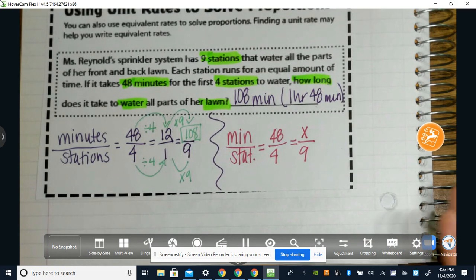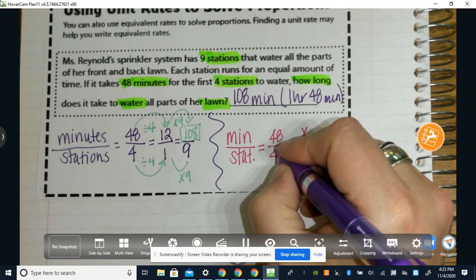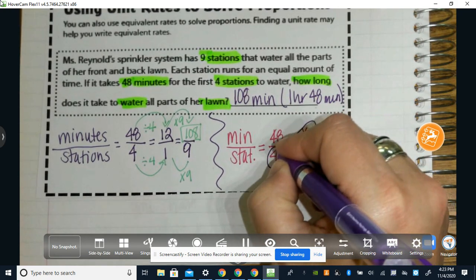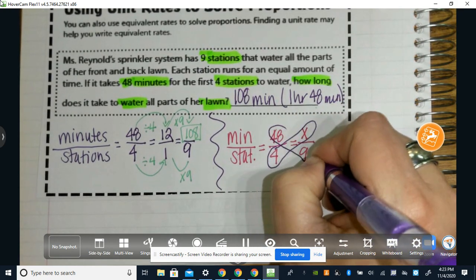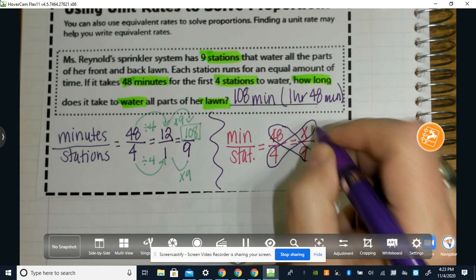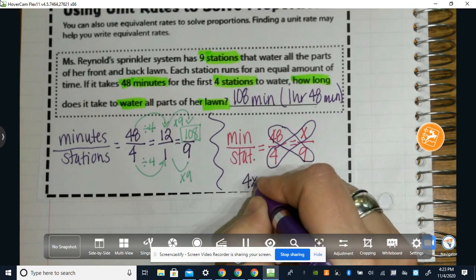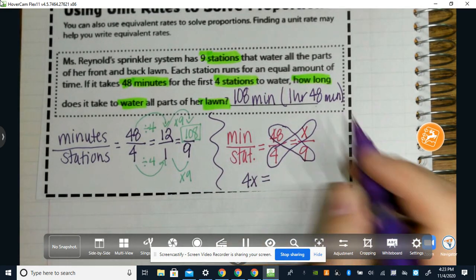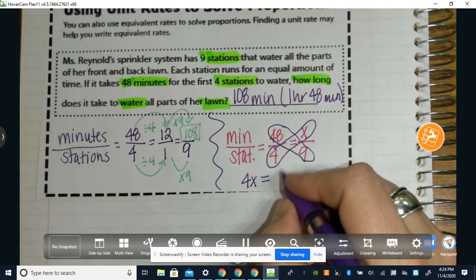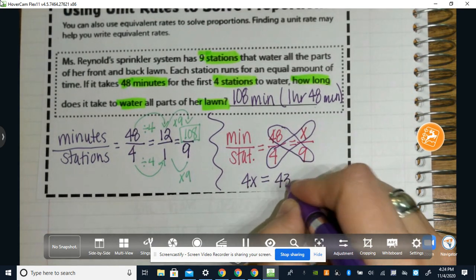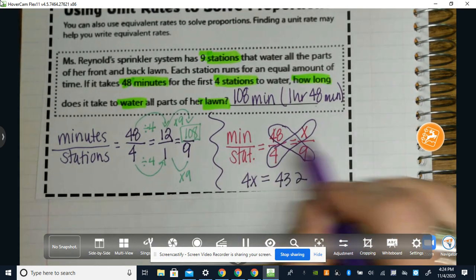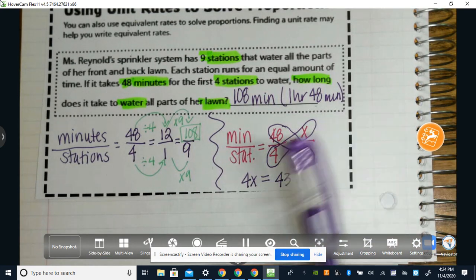I'm going to leave a variable there. So again, I'm going to cross multiply just like what we did to find if they're equivalent. And so 4 times X gives me 4X is equal to 9 times 48 gives me 432.